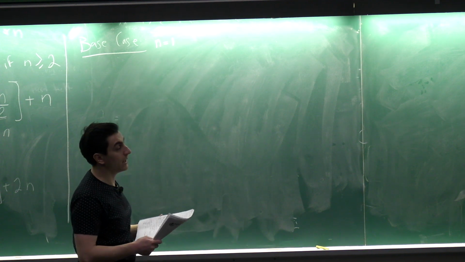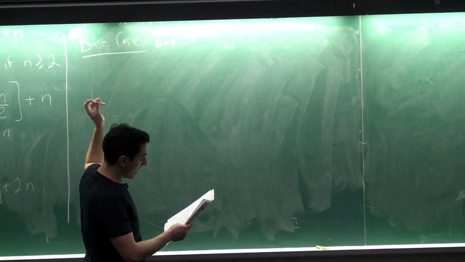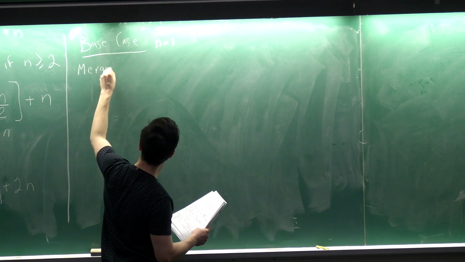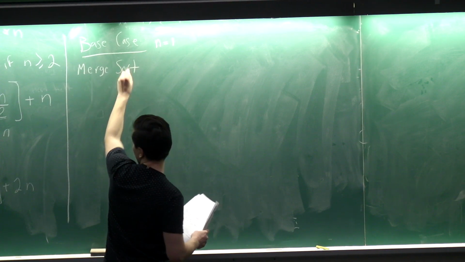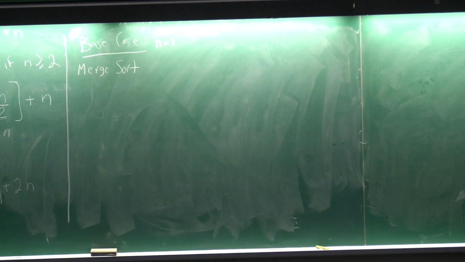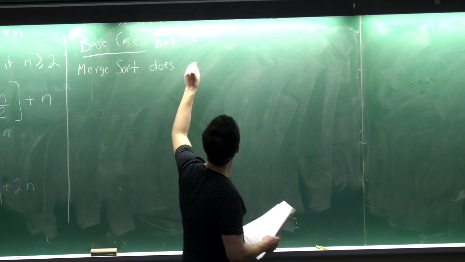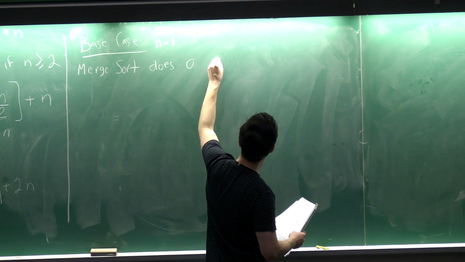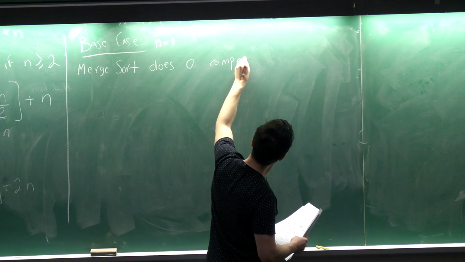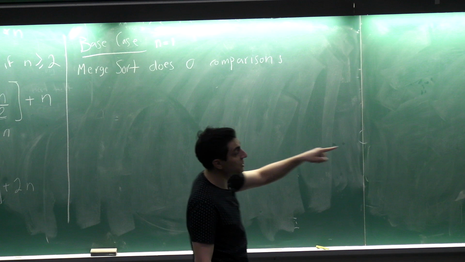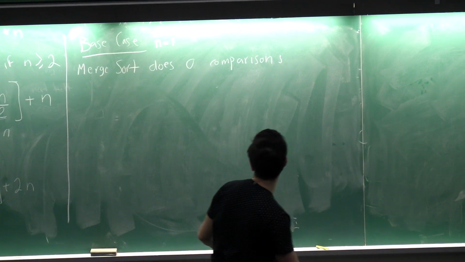So what happens when n equals 1? How many comparisons do we make? Well, we know that MergeSort, from here, we did it here, does 0 comparisons. We know this to be true. Now let's check, will that give me the same thing?